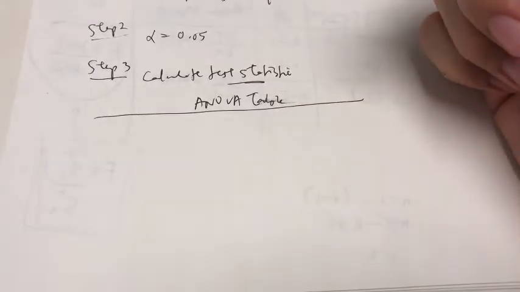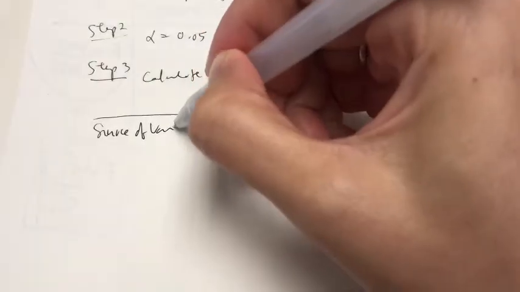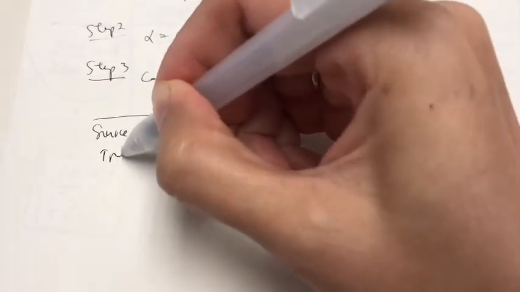The ANOVA table starts with the source of variation, which can be divided into treatment and error. When you add these together, we get total.